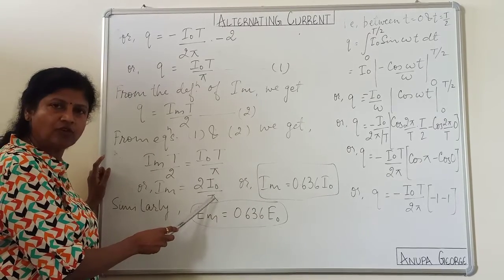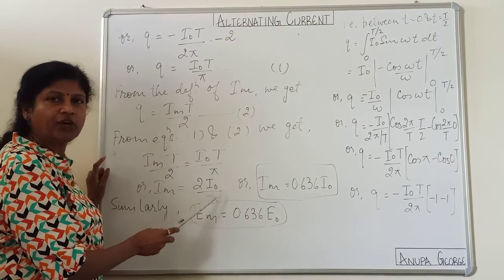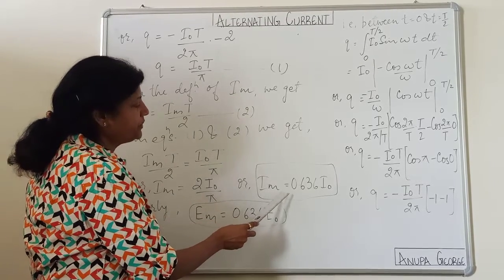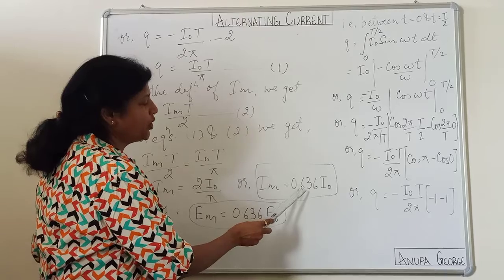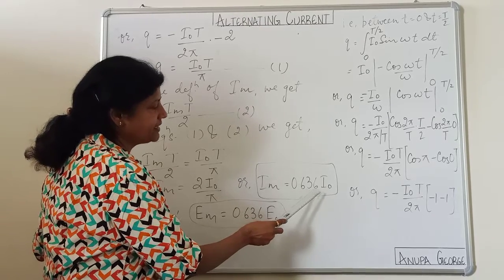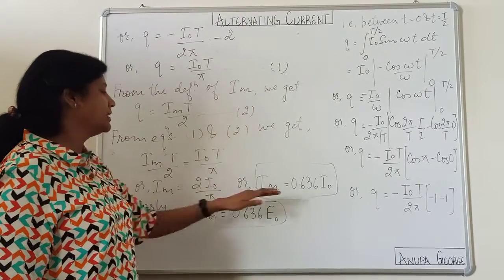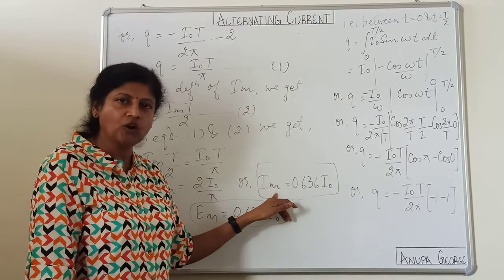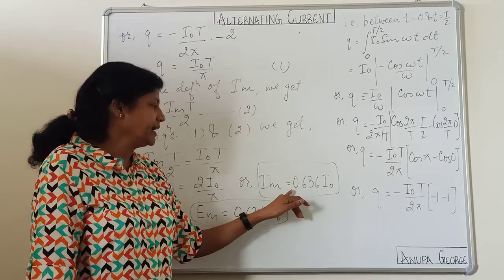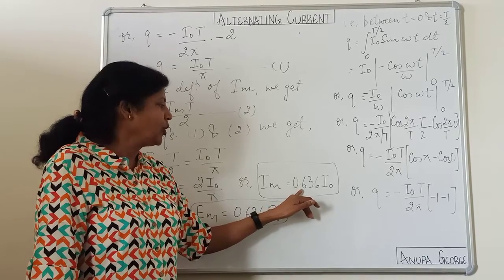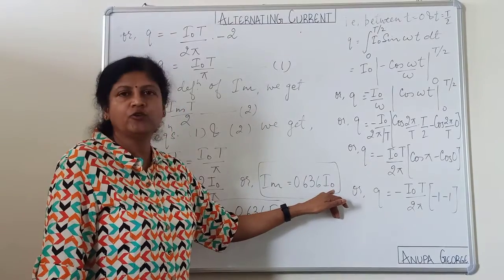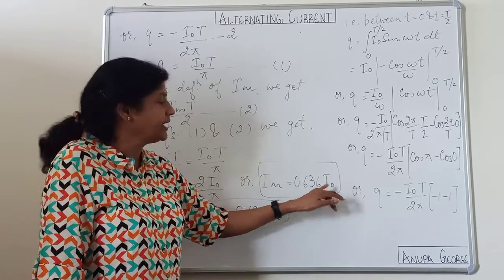Substituting the value of pi, that is 3.14, we get Im is equal to 0.636 I naught. Im, the average value of alternating current, is equal to 0.636 times the peak value of alternating current.